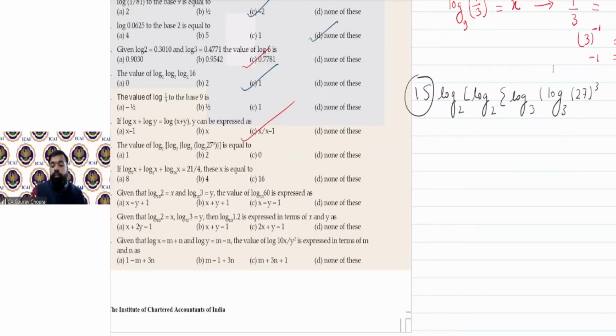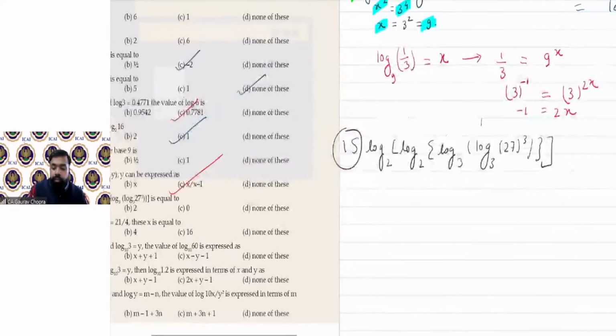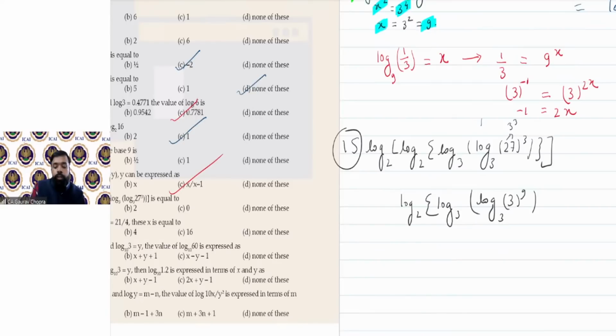So this is given. Now what you have to do, applying the same thing, 27 can be written as 3 cube. So overall, it will become log of 3 to the power of 9 base 3. The rest all remains as it is: log with base 3, log with base 2, and again log with base 2.